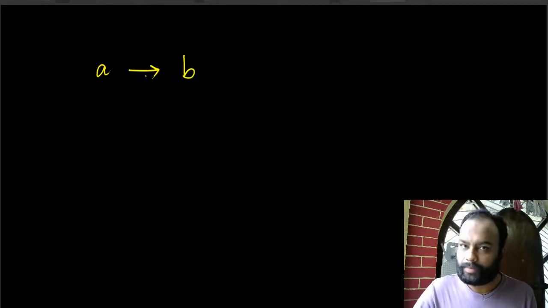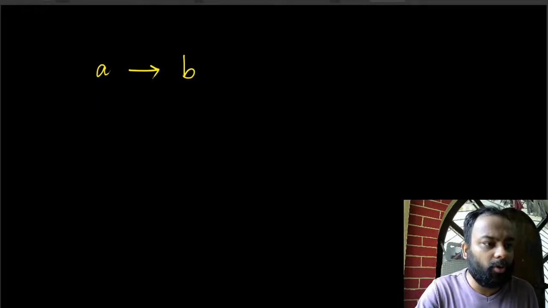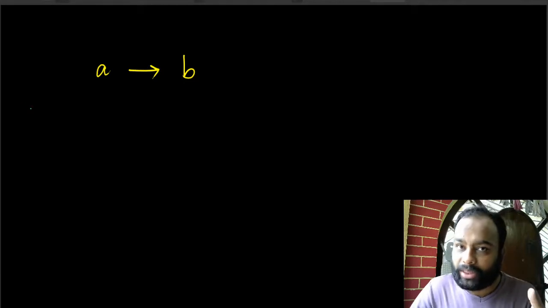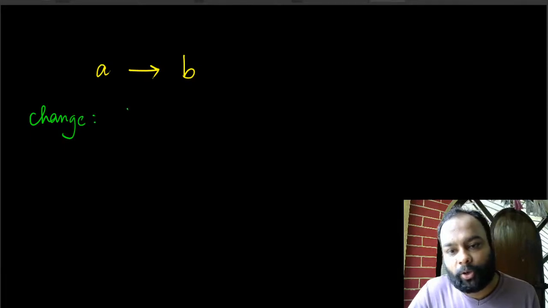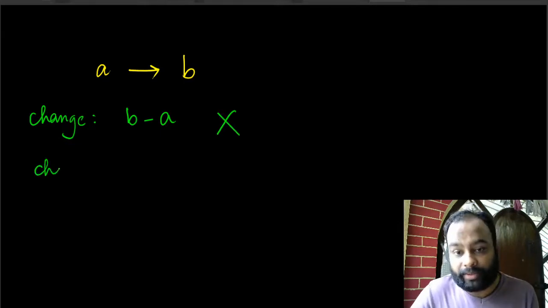Maybe the current value of the thing that we are trying to have a perception on is A, and the value actually changes to B, maybe increases to B. As far as our human perception goes, we won't feel the change like B minus A. This is not what we feel.